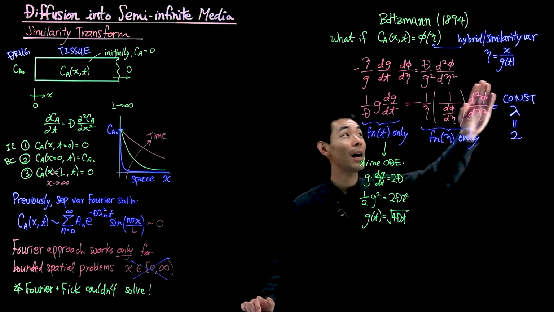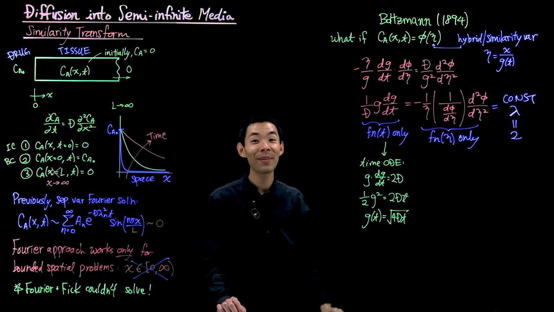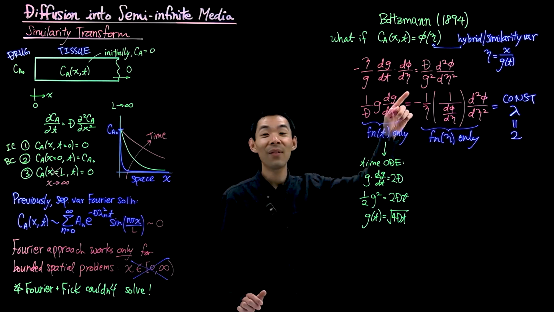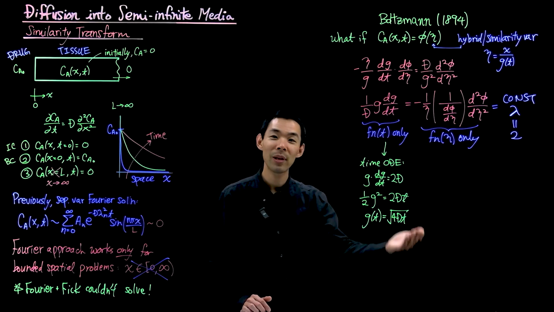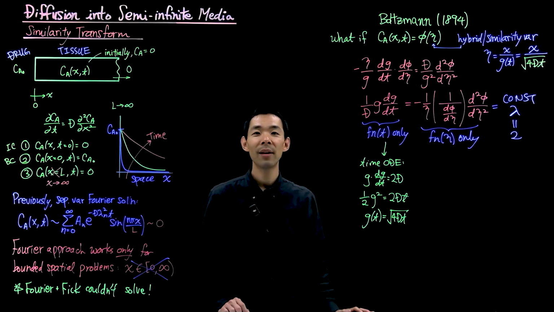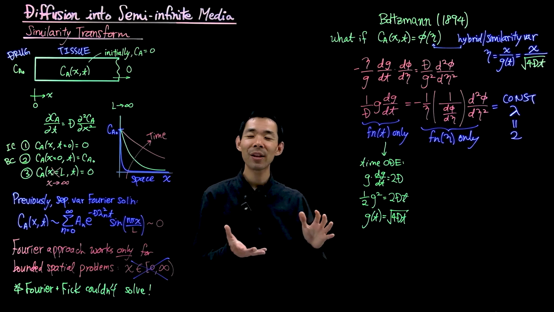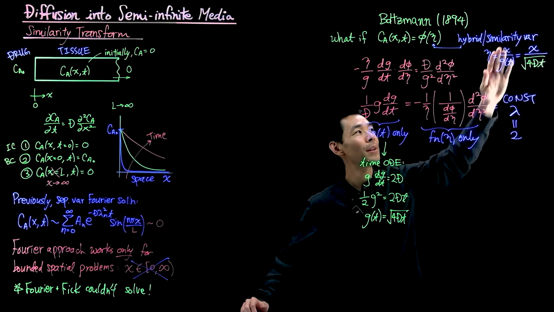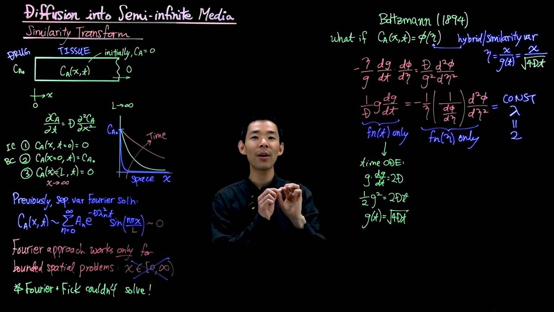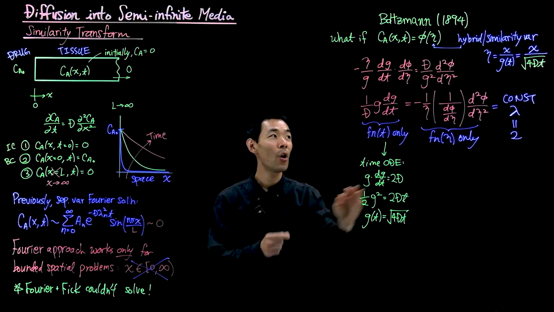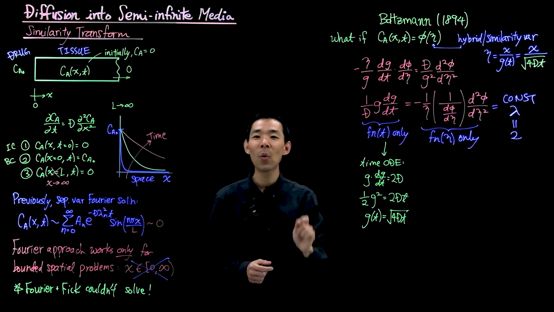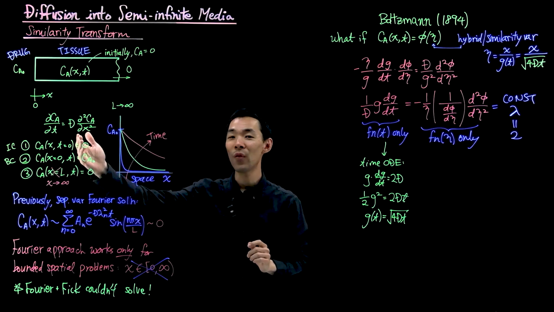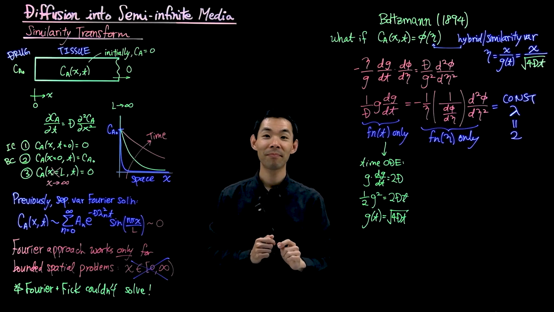So coming back to the hybrid or similarity variable, we now have x divided by g of t, which we now know. So apparently, the collapsed variable is one in which the position x is scaled just perfectly with the square root of 4 times the diffusion coefficient times time.